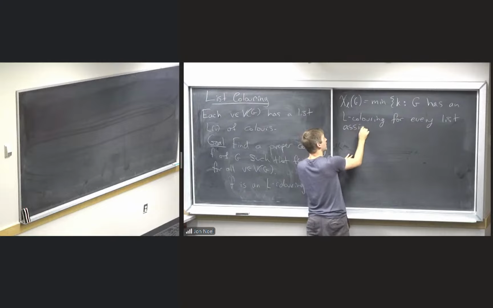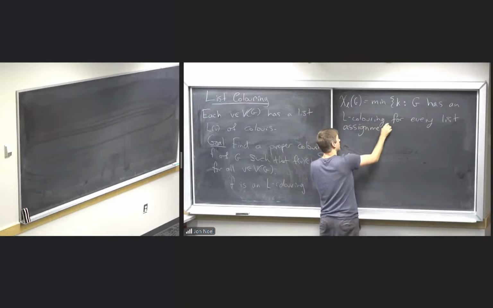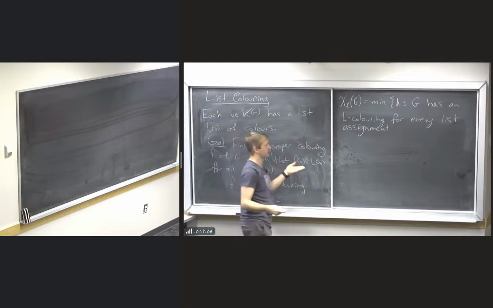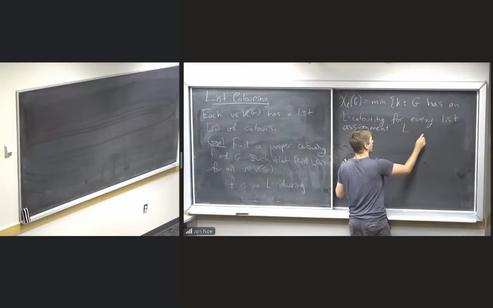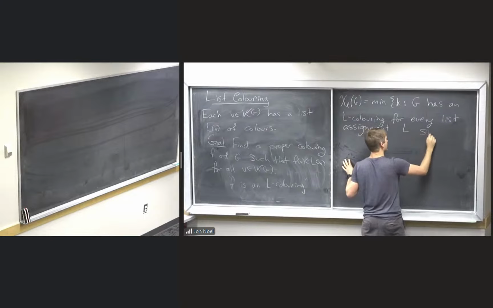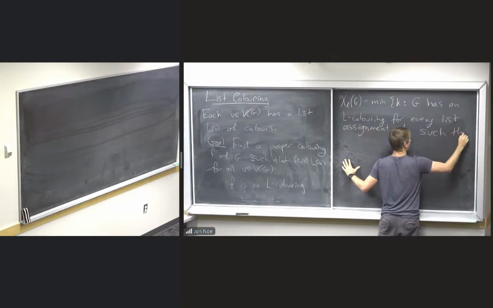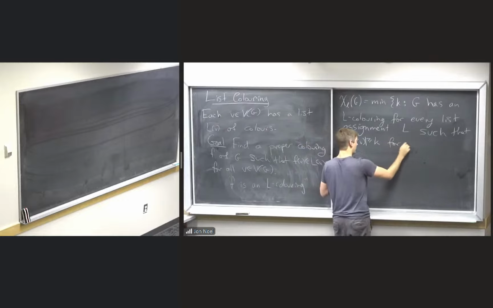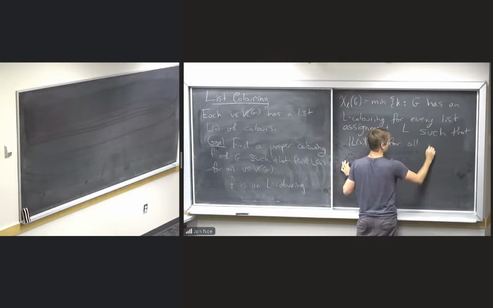By list assignment, I just mean an assignment like this L, this assignment of lists to the vertices. So for every list assignment L such that the size of L(v) is at least k for all vertices.